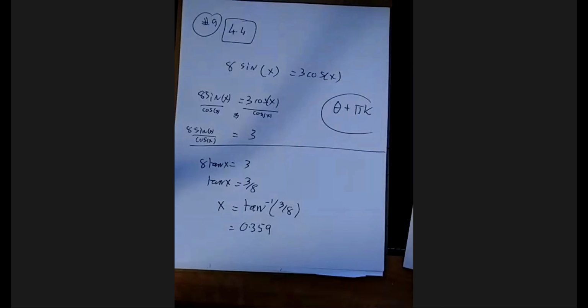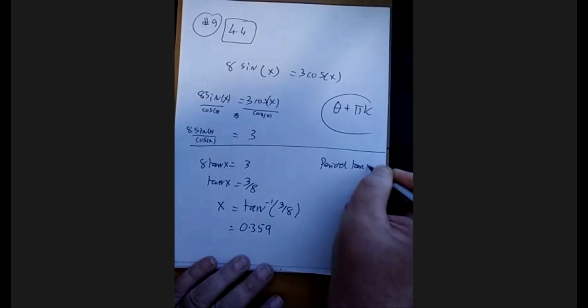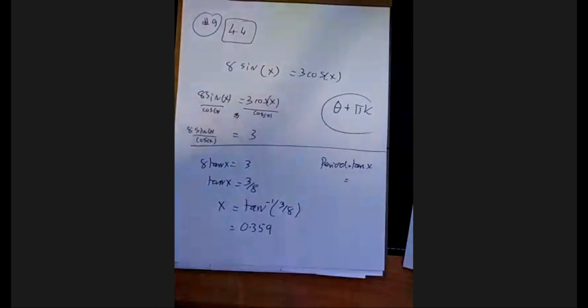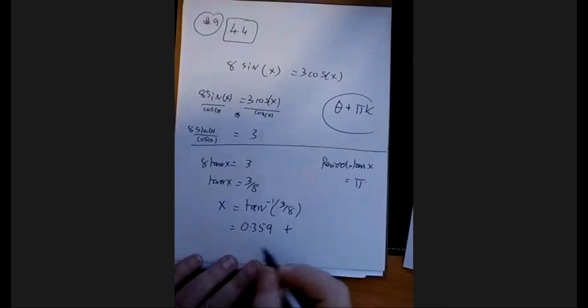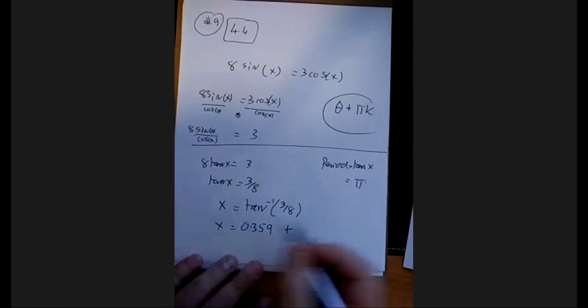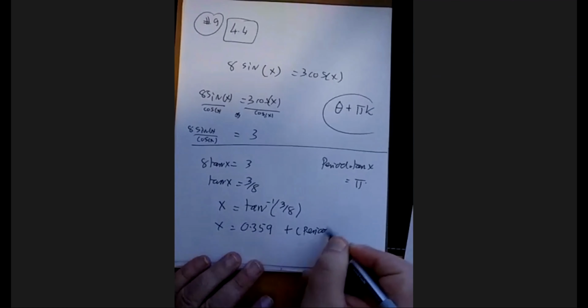Are we okay so far about how I've got to this point that I found the missing angle? Now, what is the period of tangent x? Pi k. Pi, yeah. Pi. And the rule is the angle that you got plus period times k.